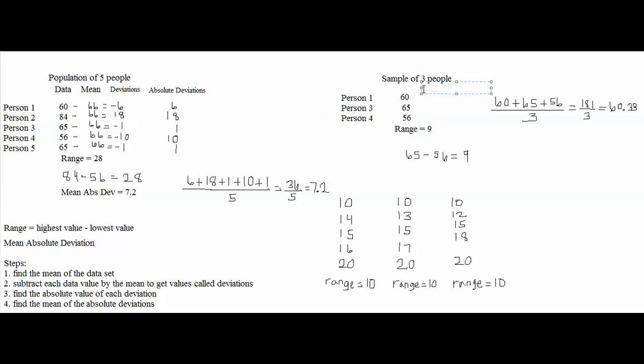In order to make this easier so that we don't have to deal with decimals, let's round this mean from 60.33 down to 60. Let's round it to the nearest whole number.